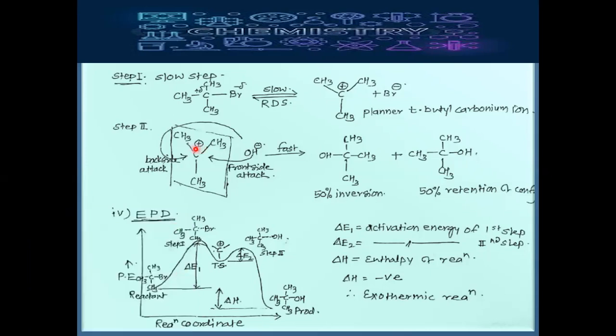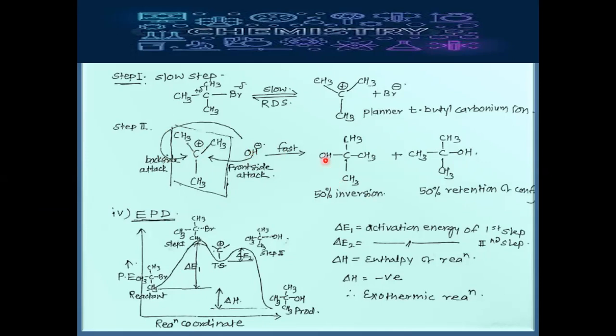The possibility of attack of the nucleophile is from both sides. So it is a planar structure, and the nucleophile may attack from the front side or from the back side. So fast attack of the nucleophile takes place, with 50% inversion.